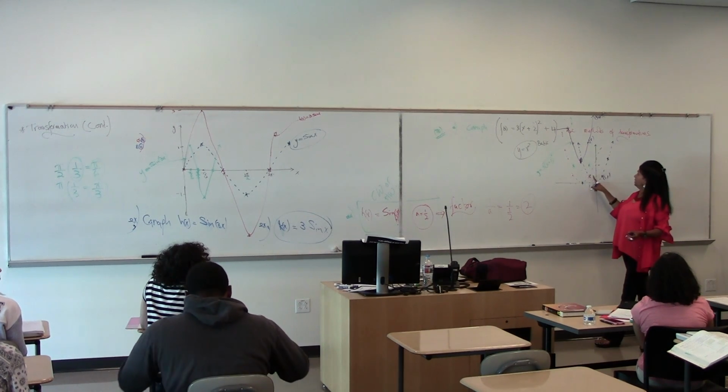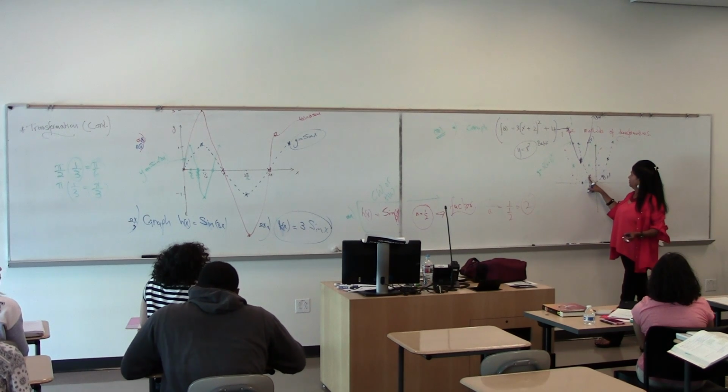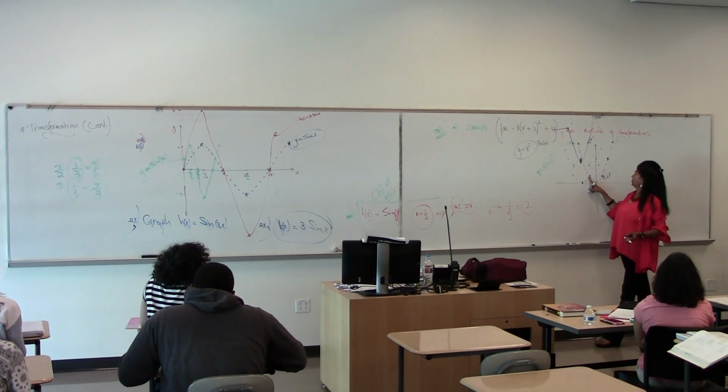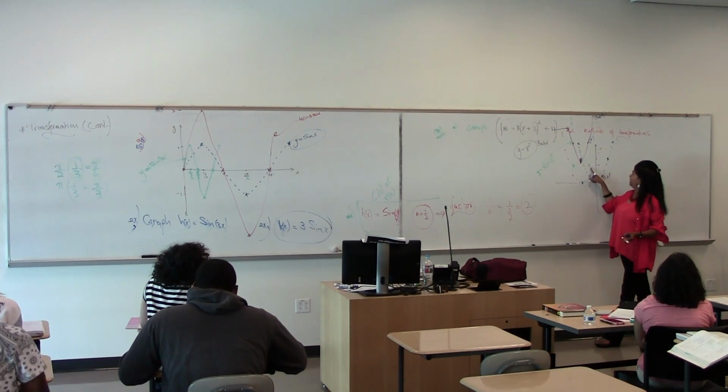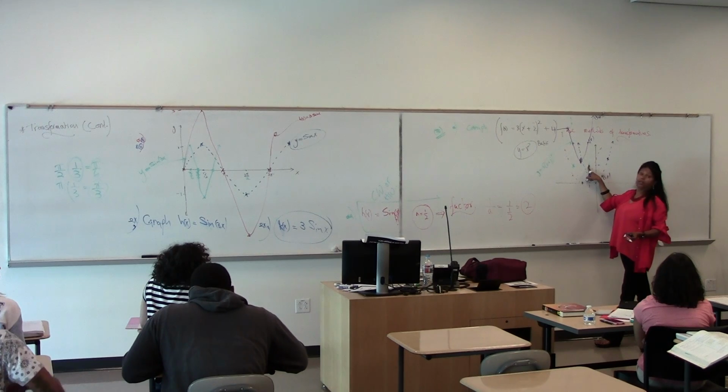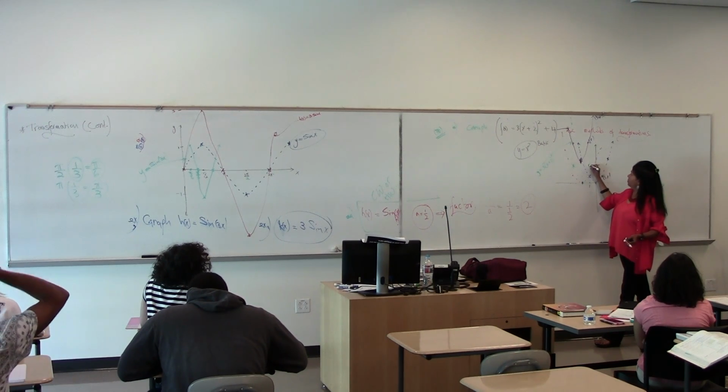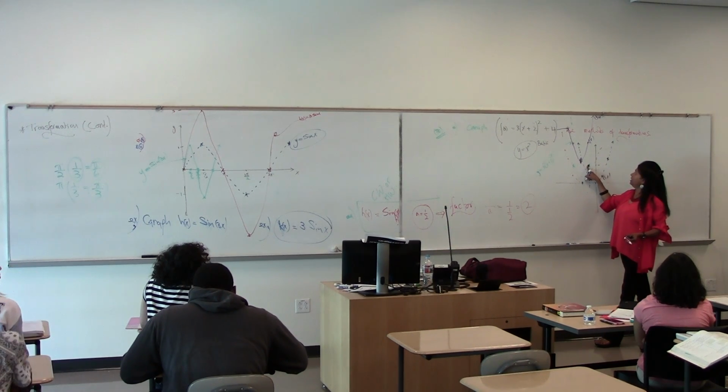Correct? Yes. So multiplied by 3, move here, multiplied by 3 here, right? So this is the y coordinate multiplied by 3.